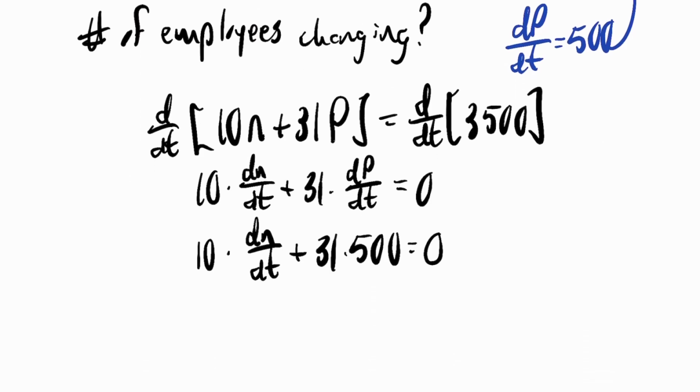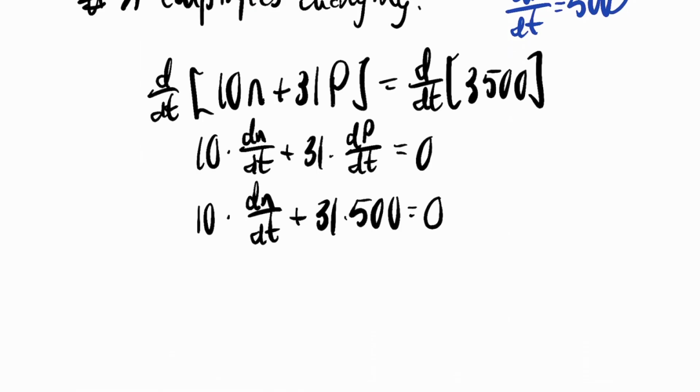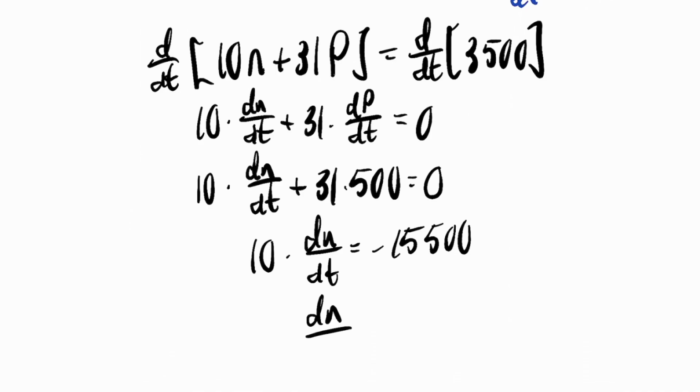I'm going to subtract the 31 times 500 from both sides, and I believe that's 15,500. So 10 times dn dt equals negative 15,500. And then I can divide by 10 on both sides, so dn dt equals negative 1550.